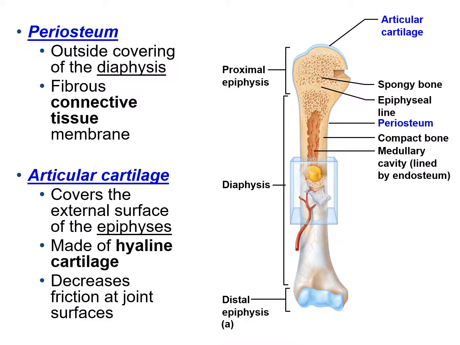The outer covering of the long bones is known as the periosteum, which is made up of fibrous connective tissue. Also, the epiphyseal ends of the long bones are usually covered by the smooth hyaline cartilage, which is known as articular cartilage, and this decreases friction or rubbing at the joint surfaces.